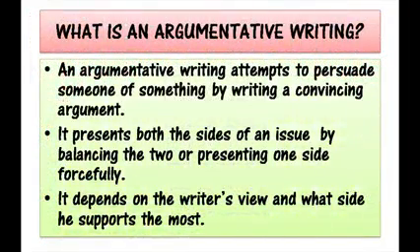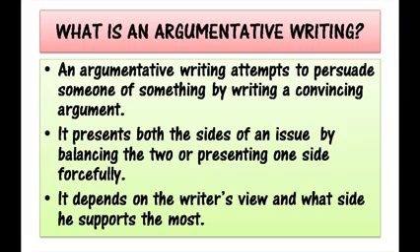So let's get to know in depth what is an argumentative writing. An argumentative writing attempts to persuade someone of something by writing a convincing argument. So you try to convince them by putting forth your point of view, showing them both the sides of an issue by balancing the two or presenting one side of the issue forcefully.